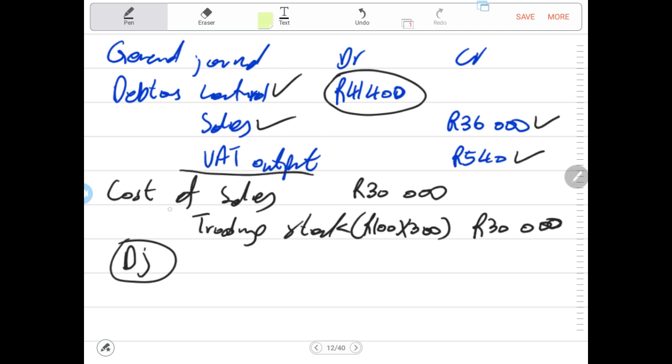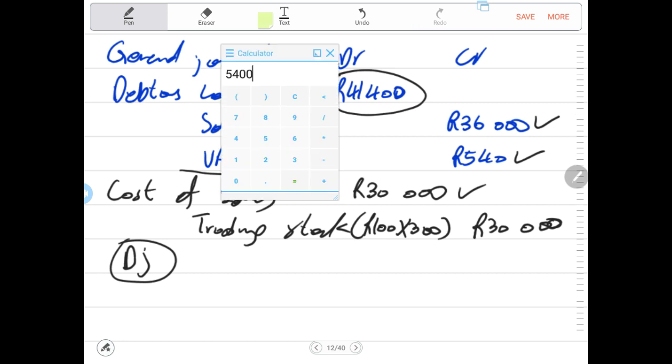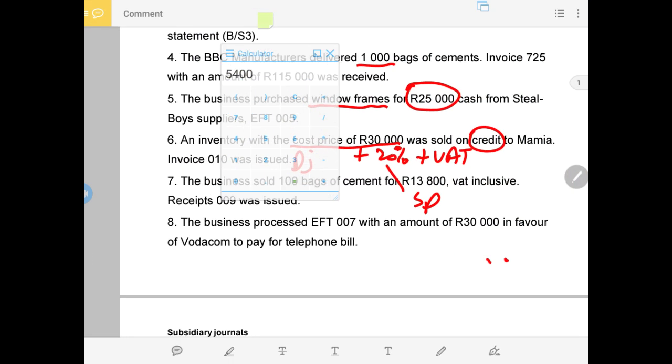VAT does have a column. Cost of sales / trading stock does have a column. So all these will be recorded under their respective columns. Our VAT is 5,400. Sorry for that. I hope you have noted.